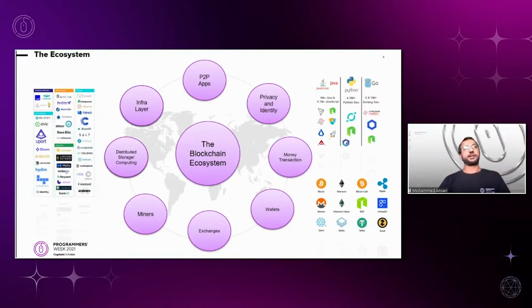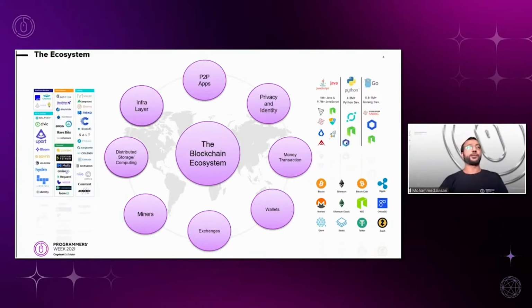And then you have other things in this ecosystem like DeFi, Decentralized Finance. It has been one of the hot topics these days. You have non-fungible tokens, NFTs. You have the possibility of having an internet that is called Web 3.0.